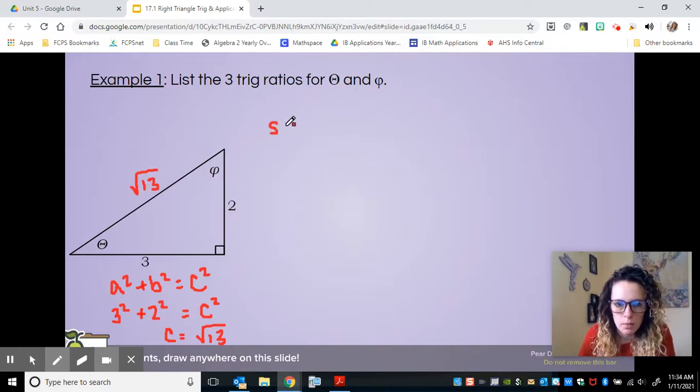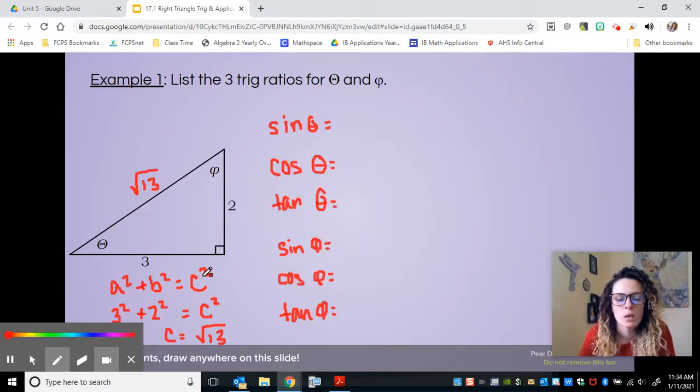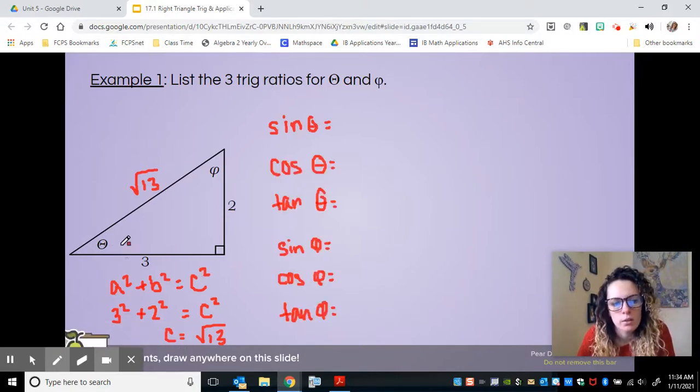So again, I'm going to write out the information that I'm looking for. Focusing on angle theta first, sine of theta is the opposite over the hypotenuse. So 2 over the square root of 13. It's been a while since you've seen radicals in the denominator, but it's still not okay to leave radicals in the denominator.